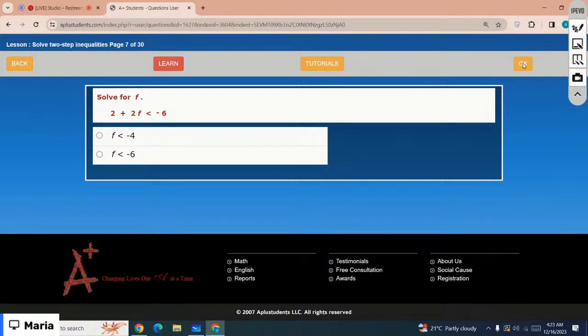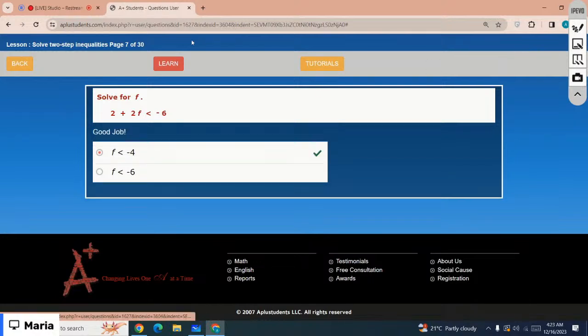Yes, that is f is less than negative 4 is the correct option, right?